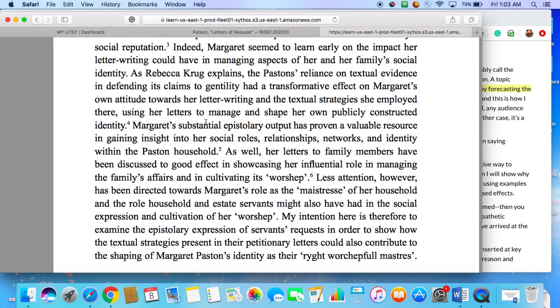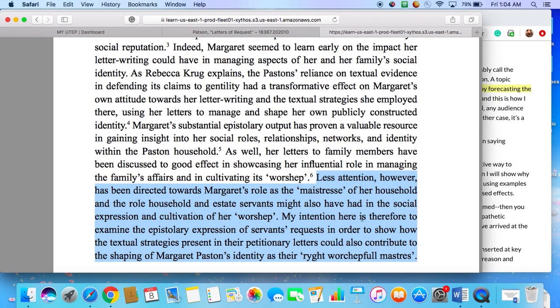And then here towards the end, we can find her peroration, where she's transitioning into specifically what her argument is going to be. And she says, less attention, however, has been directed towards Margaret's role as the mistress of her household, and the role household and estate servants might also have had in the social expression and cultivation of her worship.